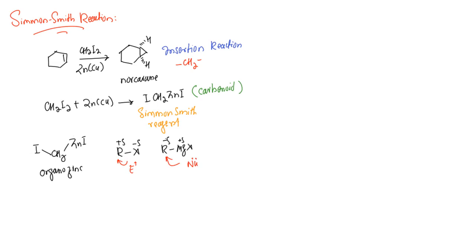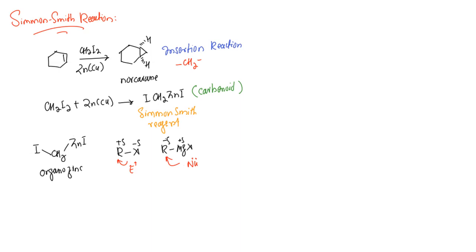When we bond a metal such as magnesium or zinc or copper or lithium, or any metal, to an organic molecule, this new sort of compound is known as an organometallic compound, which is an interesting area of organic chemistry.